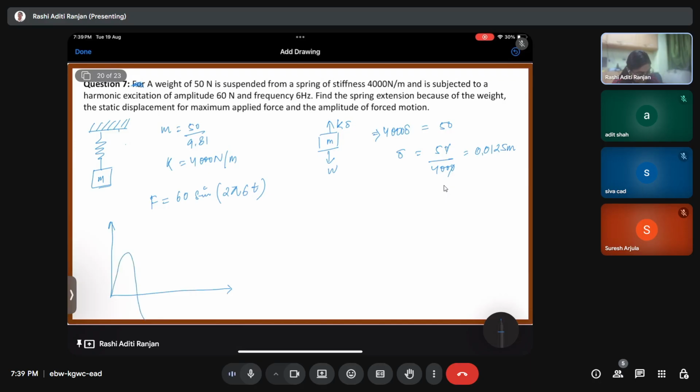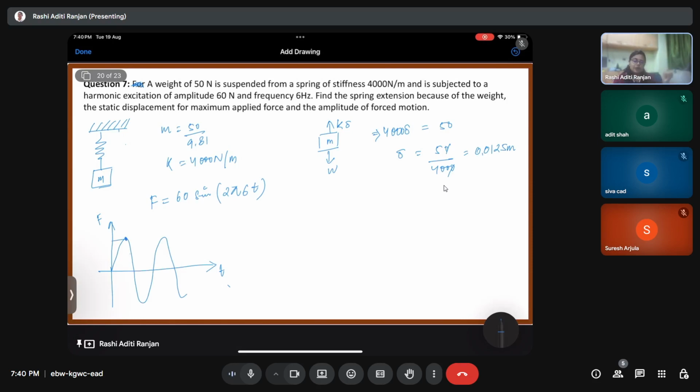So we have a maximum value, then a minimum value, then a maximum value, then a minimum value, something like this. This is F against time.